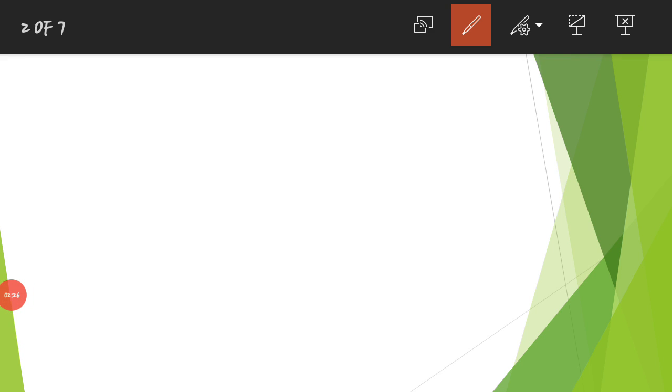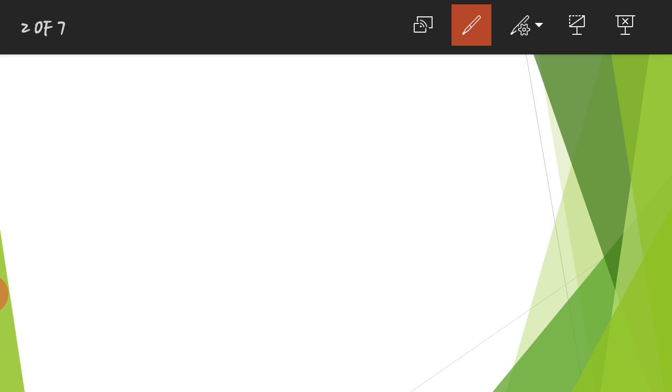Another definition of electron gain enthalpy: it is equal to the change in enthalpy when an isolated gaseous atom accepts an electron to form a monovalent anion.